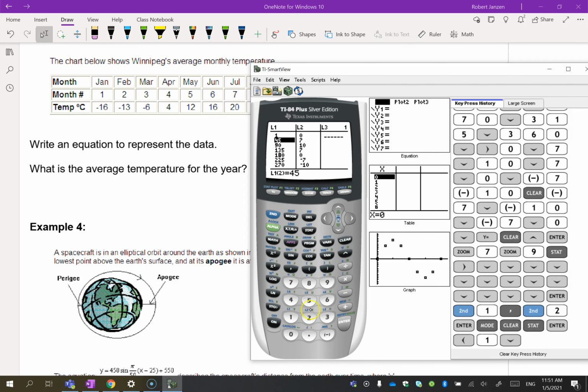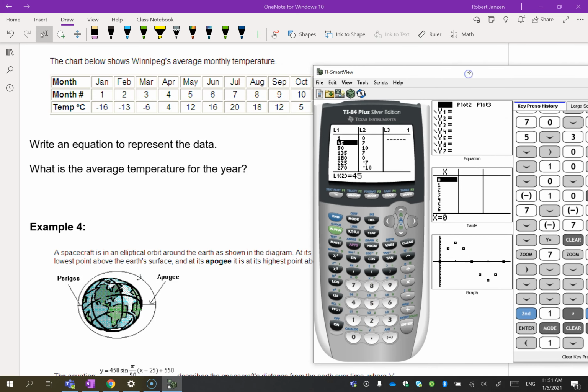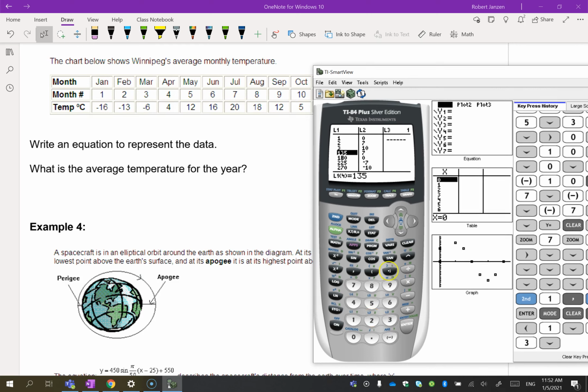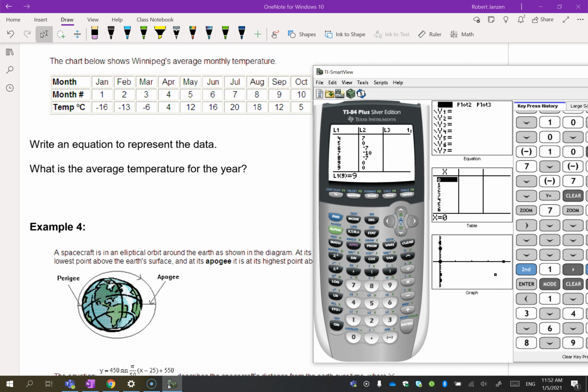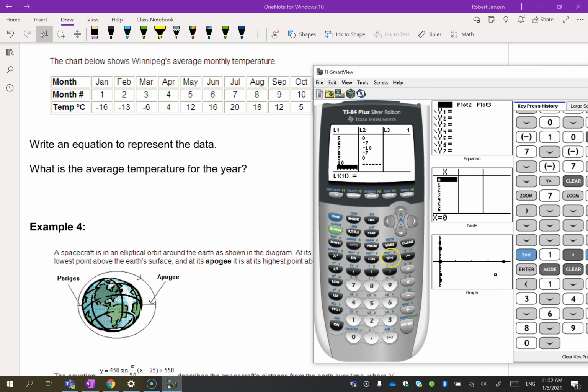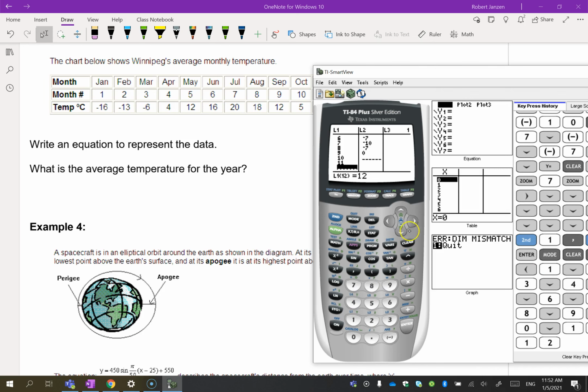So should we use, yeah, I guess we'll use months. 3, 4, 5, 6, 7, 8, 9, 10.